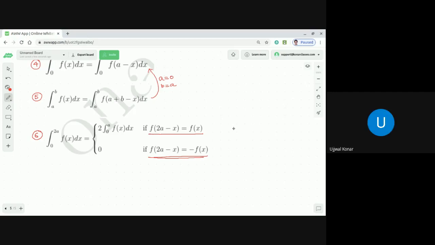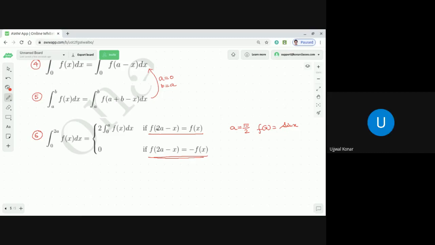Once the class is done, you can take f(x) equal to sine x, then start finding integration 0 to pi sine x dx. You first find it and then apply the property, and you will find the same thing, because sine of pi minus x is equal to sine x.